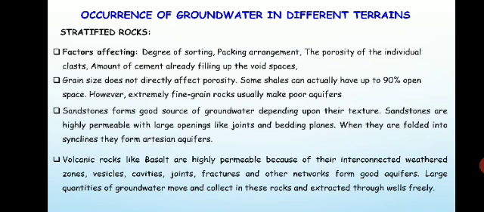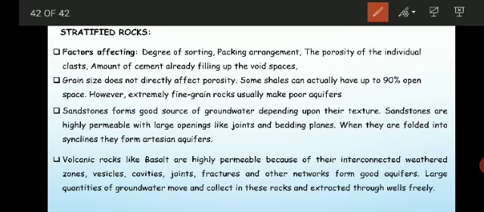Then the packing arrangement, whether it is square or rhombus, or a rectangular pattern. The porosity will be more in square packing. Square packing is like this.